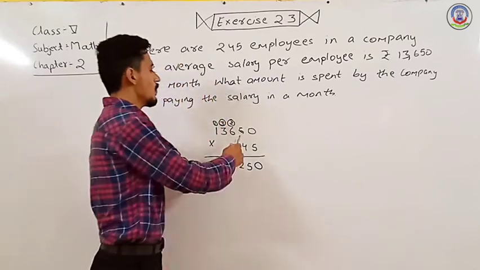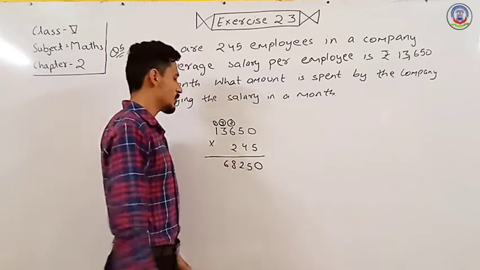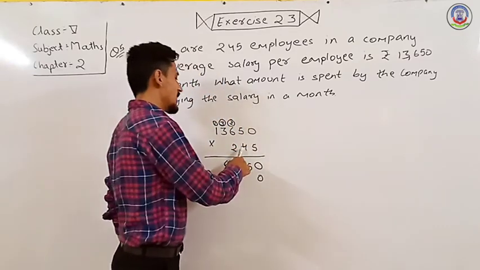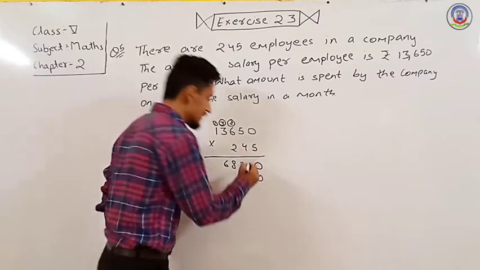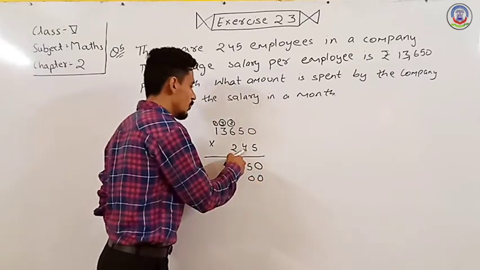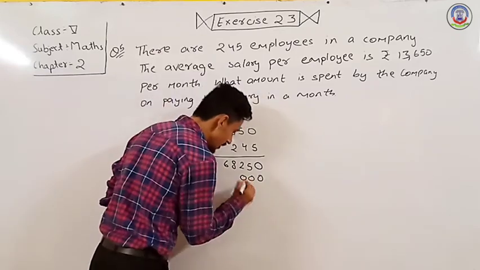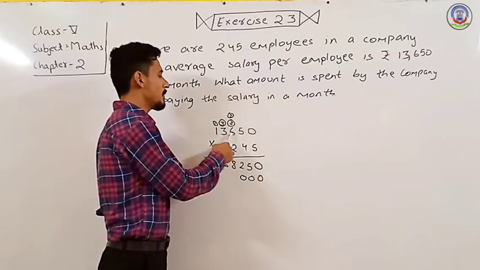Next we have 4. 4 it is in tens place. So we put 1, 0 over here, and when we start multiplying this, 4 multiply 0. It is 0. 4 multiply 5. It is 20. So we write 0 here and 2 goes to carry. Next we have 4 multiply 6.